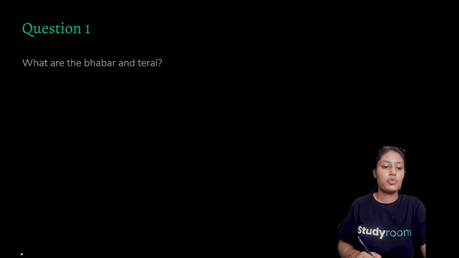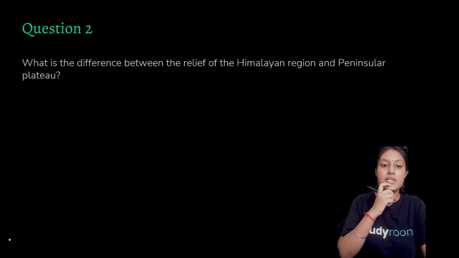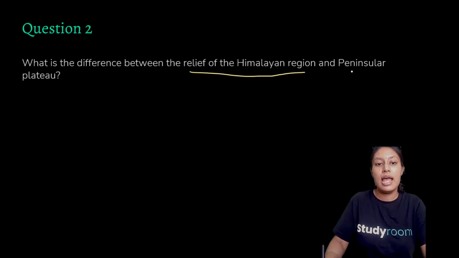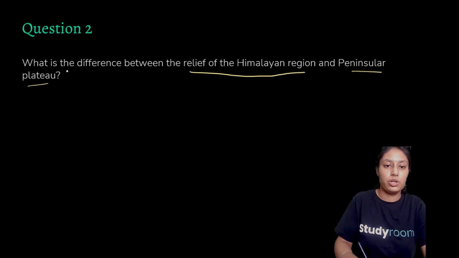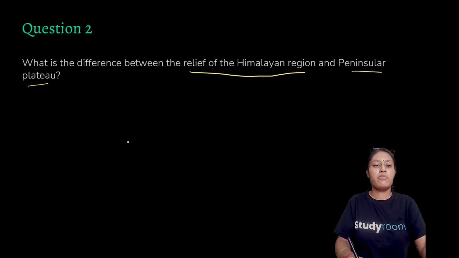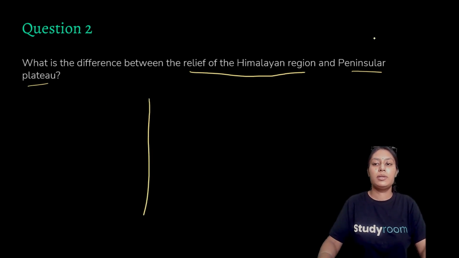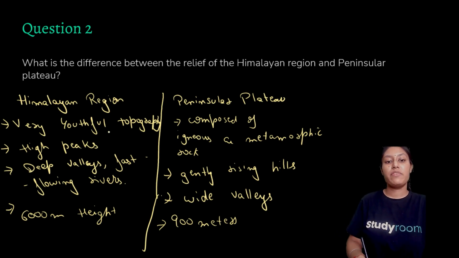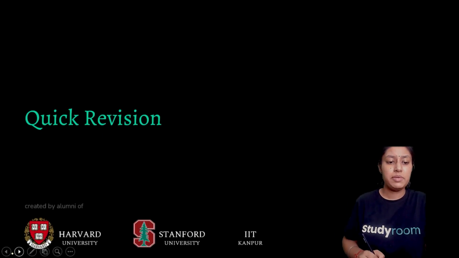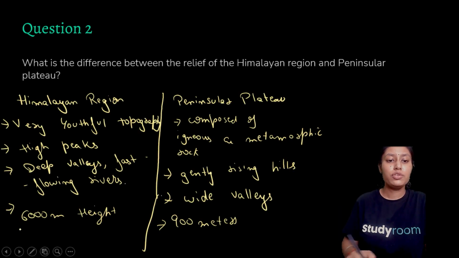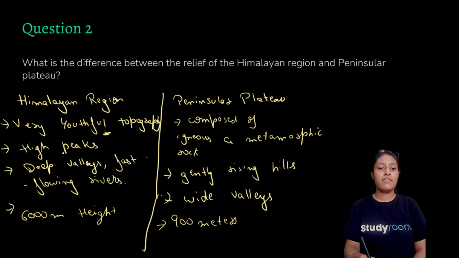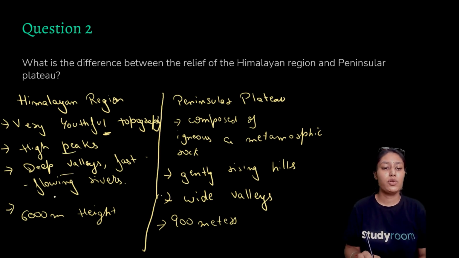Moving on to our revision, question number 2. What is the difference between the relief of the Himalayan region and the Peninsular Plateau? Let's make a very vivid difference. The Himalayan region has youthful topography, meaning young mountains, with high peaks, steeper valleys, and fast flowing rivers.